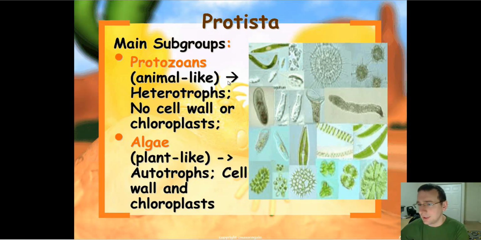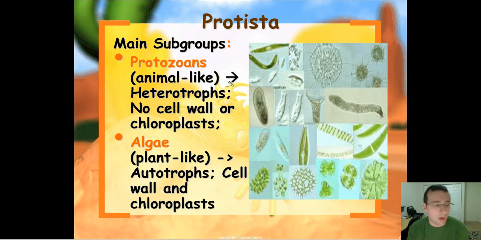Now, euglenas, funnily enough, actually have chloroplasts inside of them, even though they act like heterotrophs most of the time. Now, algae is a plant-like protist that actually makes its own food, and many people group some groups of algae as early plants, and so that's another example of why we use phylogenetic trees instead of taxonomy, because it just makes more sense since the plants clearly came from algae.